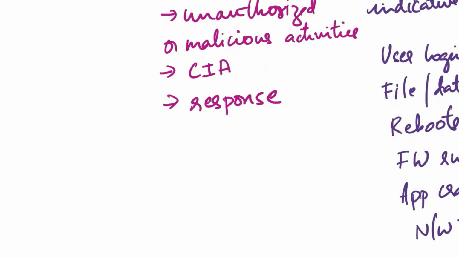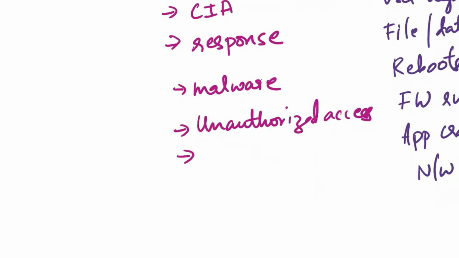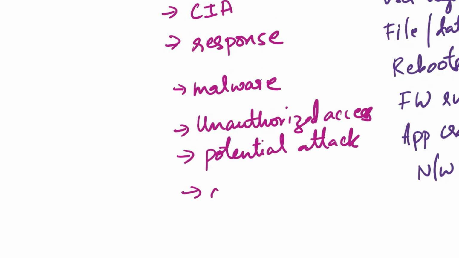So, examples of security incidents are a successful malware infection on a workstation. It can be unauthorized access to sensitive files or systems, suspicious network traffic patterns indicative of a potential attack, detection of a data breach where sensitive information may be compromised, and the examples go on.